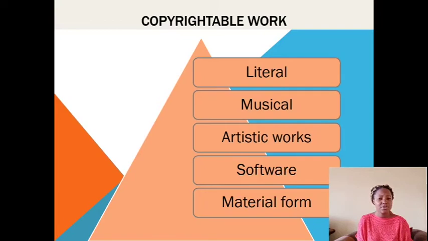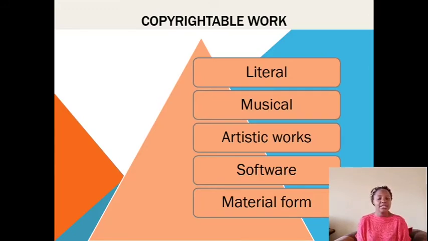Even photography, you can protect your photographs against use by other people without your consent. Software, you can copyright the source code and the object code of your software against use by other people, so you can register for copyright against exploitation by other people.